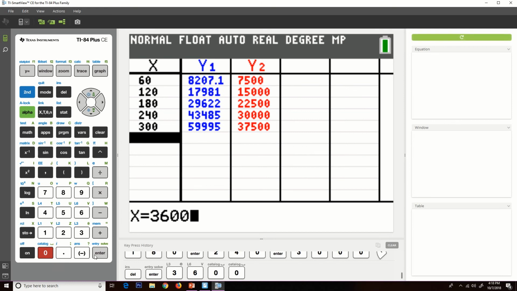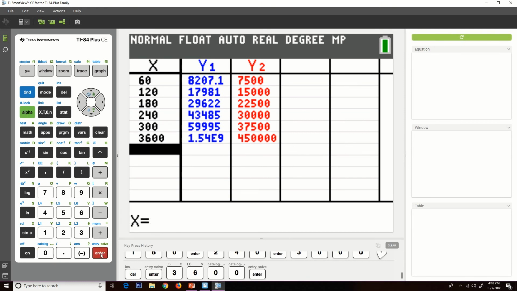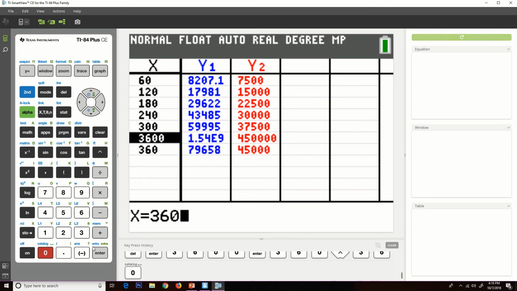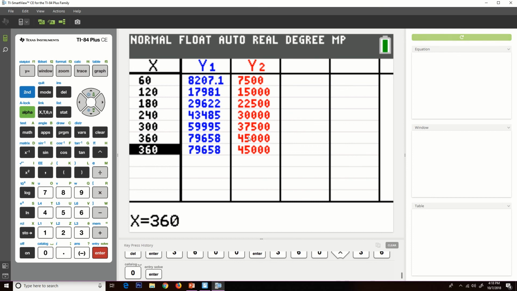If you're at 50 years old now, you have $45,000 saved. Ooh, that's too much, sorry. That's too big. You're not going to live that long. Sorry, I wish you could. So you have $45,000 that you've saved, and you have almost $80,000 in the bank.